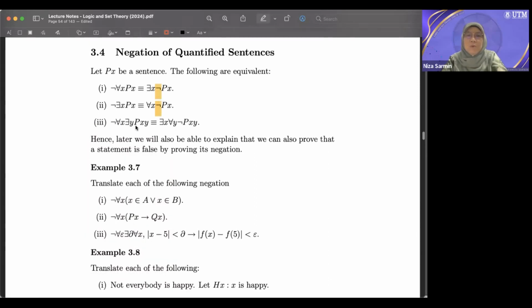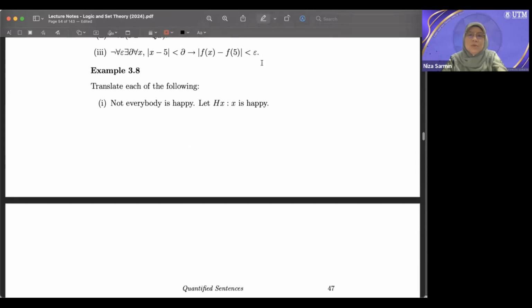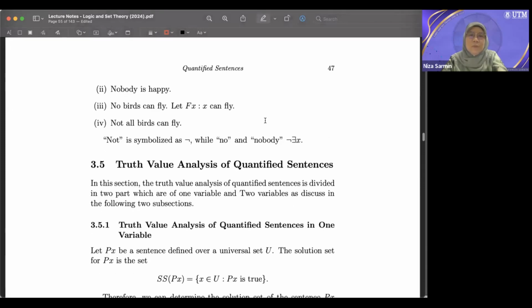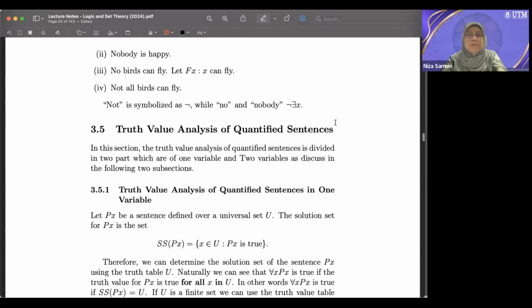Or you can have both. Then you change both. For all becomes there exists, there exists becomes for all. Okay, so you have to know how to translate like this to English language, or from sentence transform to symbols.